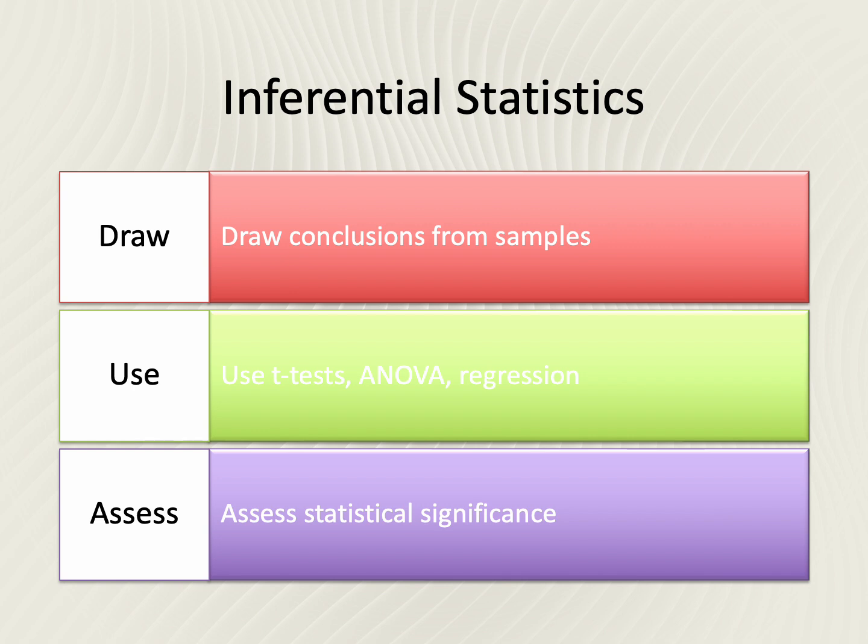ANOVA could analyze variance in fitness outcomes across multiple Canadian regions, while regression might predict hospital readmissions based on patient variables. Assessing statistical significance, such as p-values below 0.05, determines if results are meaningful, ensuring robust conclusions.